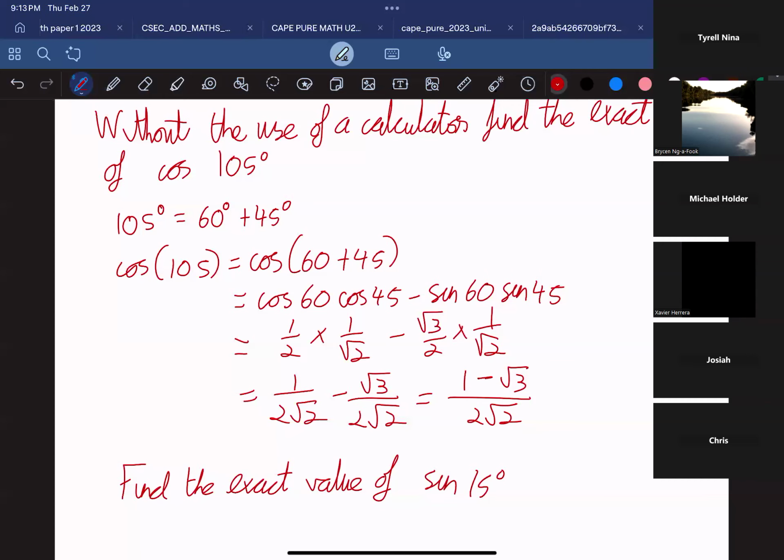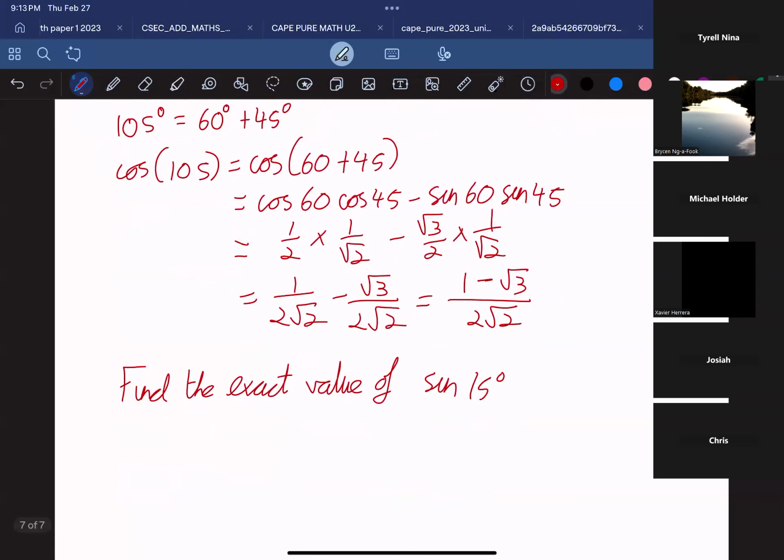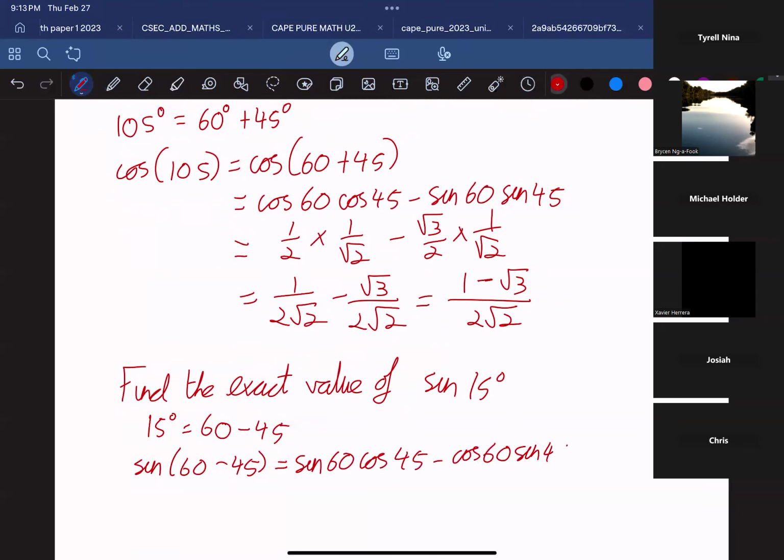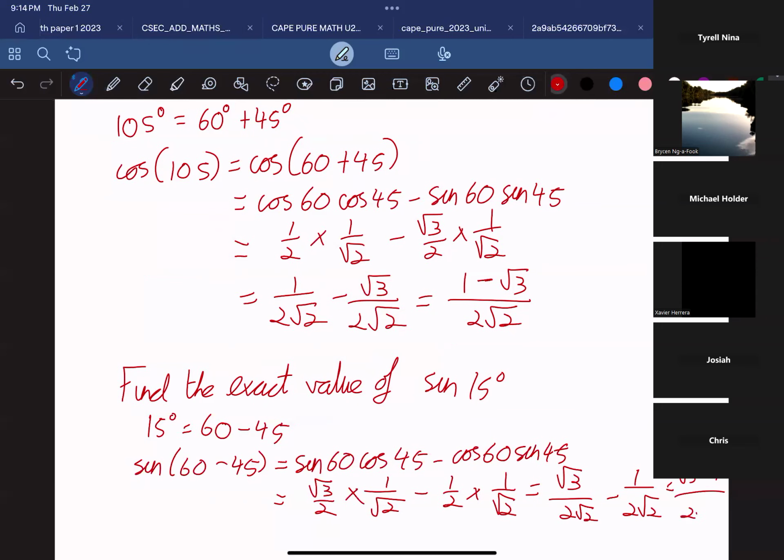All right. So this here, 15 degrees is 60 minus 45, which would be sine of 60 minus 45 is sine 60 cos 45 minus cos 60 sine 45, which is root 3 over 2 by 1 over root 2 minus a half by root 2 over 2, which is root 3 over 2 root 2 minus 1 over 2 root 2, which is root 3 minus 1 over 2 root 2.